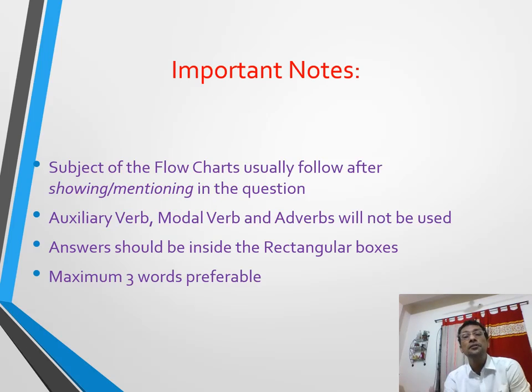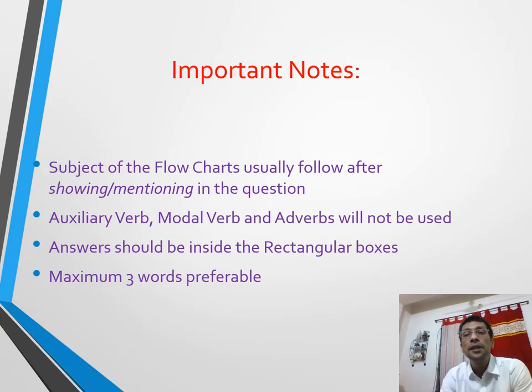If there are more than 3 words, you can use a hyphen, or you can condense the sentence so that it becomes 3 words. But 1 word is acceptable, 2 words are acceptable, and 3 words are of course acceptable. If it is more than 3 words, then use a hyphen or make it a simple and understandable keyword, so that all the information is connected logically and hierarchically. That must be borne in your mind.